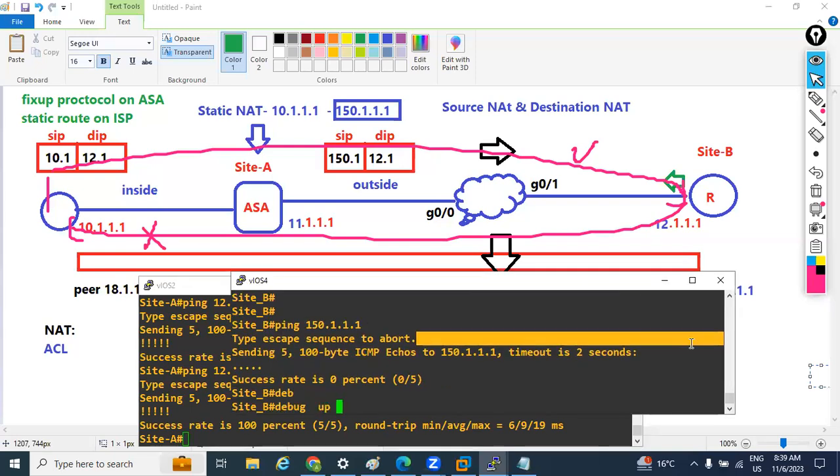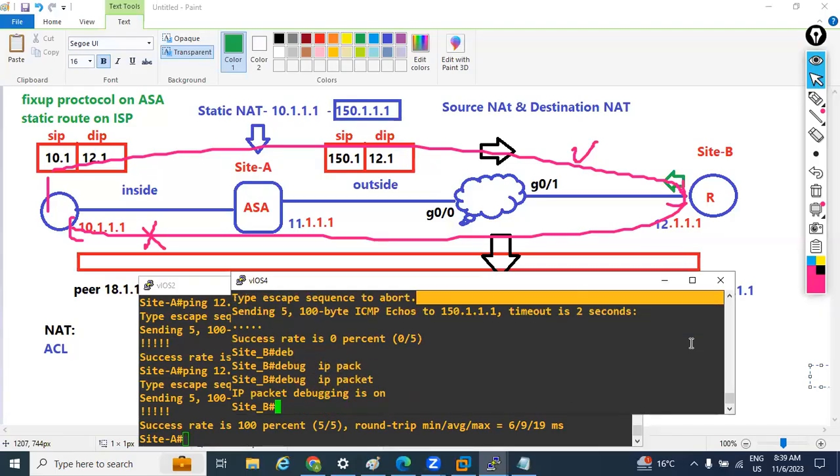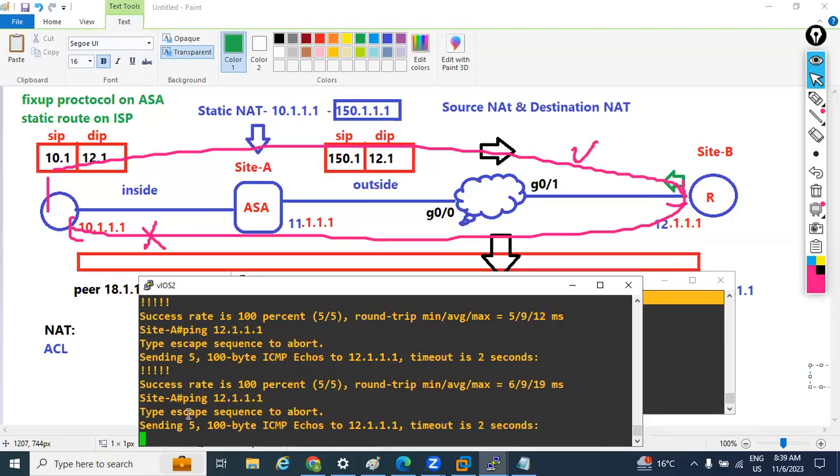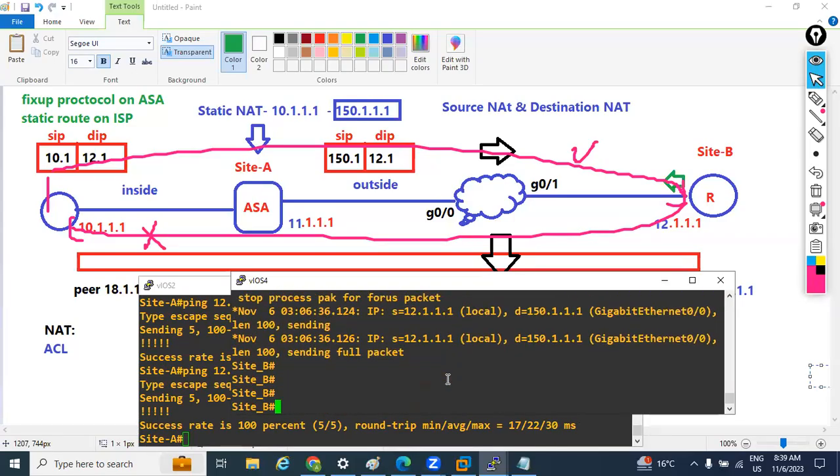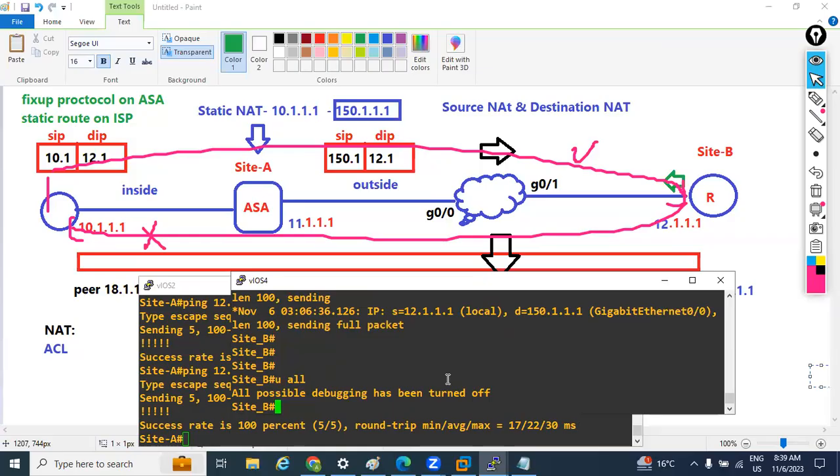debug ip packet, and if you check it, the 150 IP packet has reached. So when it's sending, source IP is 12.1 and destination is 150.